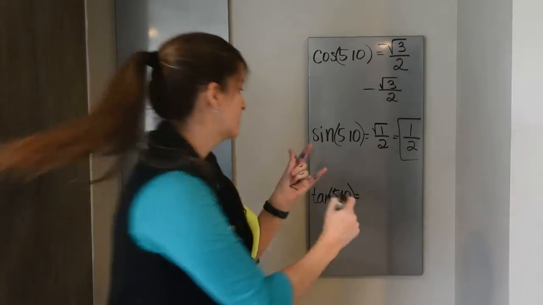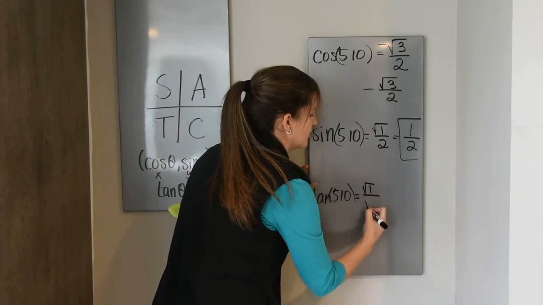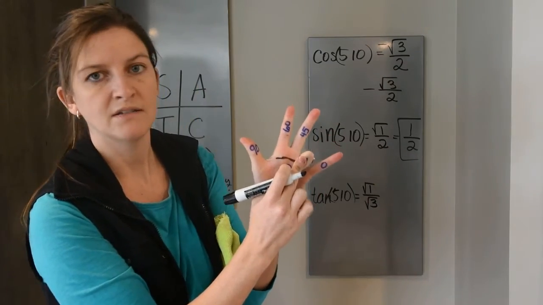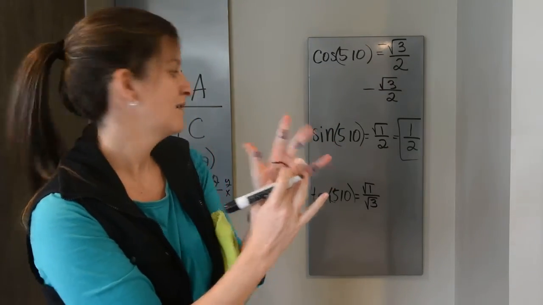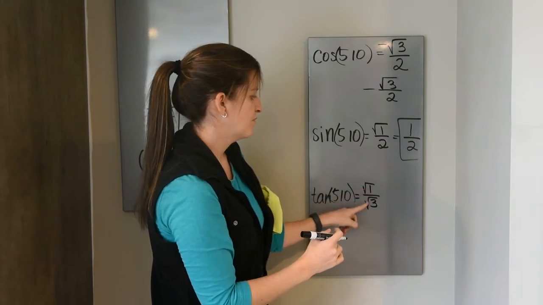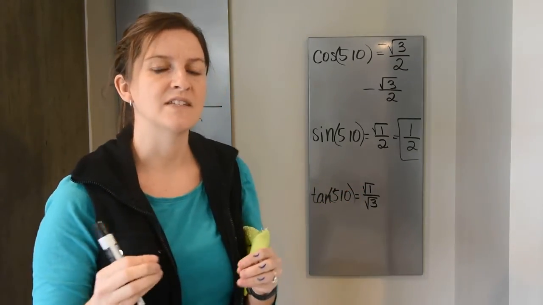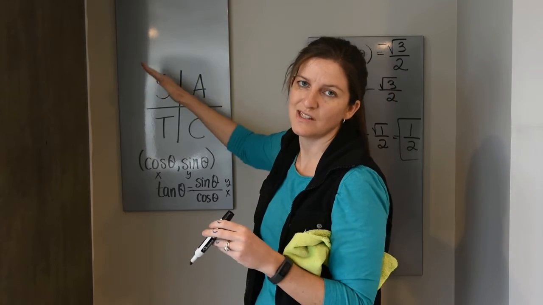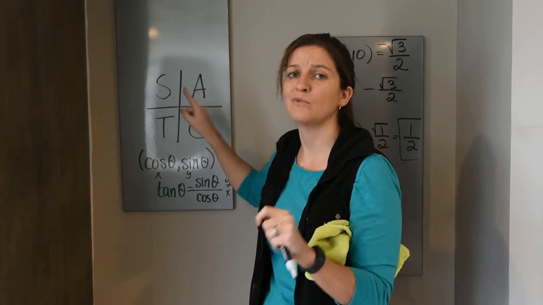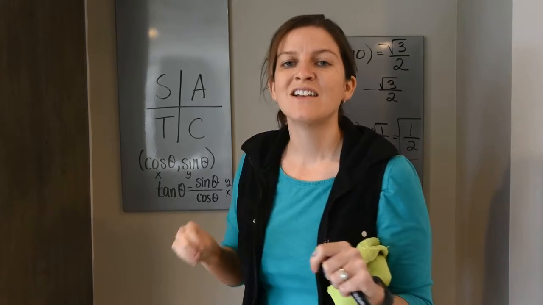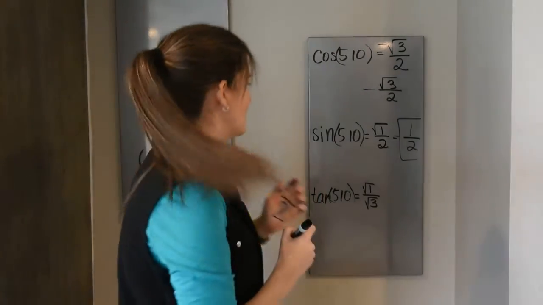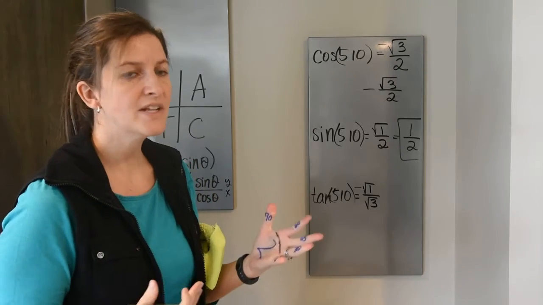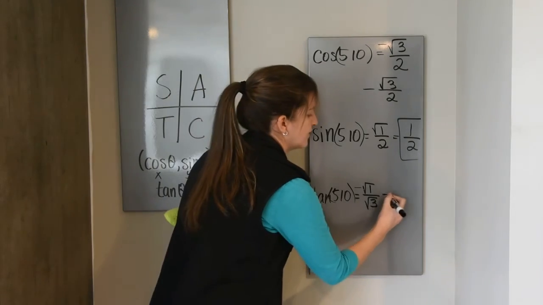So square root 1 over square root 3, y over x. Determine if it's positive or negative. That 510 was coterminal to 150, which is in this quadrant. Sine is the only one positive in that quadrant, so tangent is going to be negative. Okay, so I know my answer is going to be negative.